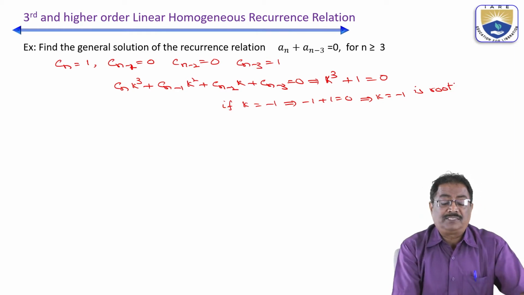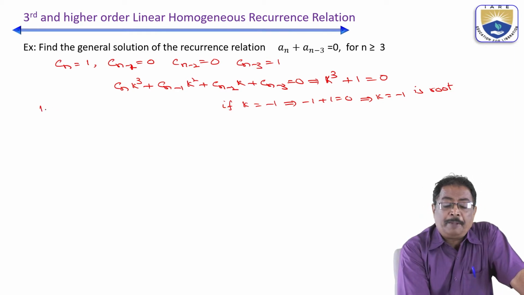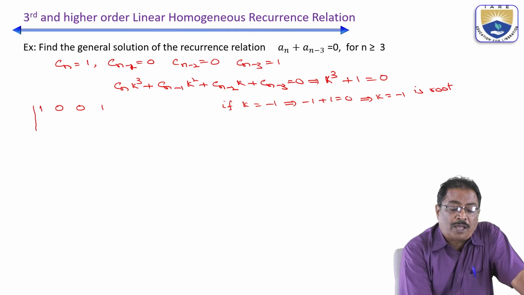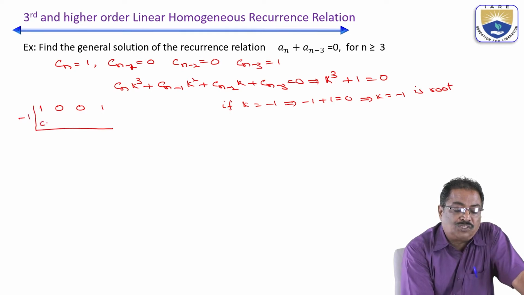Now, by using synthetic division. The k cubed coefficient is 1, the k square coefficient is 0, the k coefficient is 0, and the constant is 1. So I write minus 1, 0, 1, then minus 1, minus 1, plus 1, giving 1, minus 1, and 0.